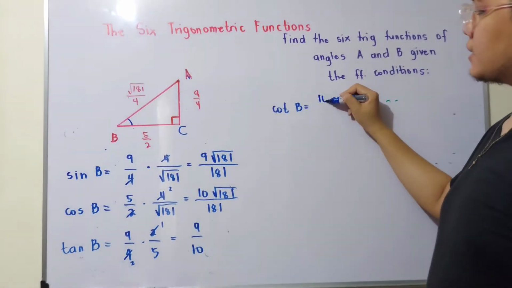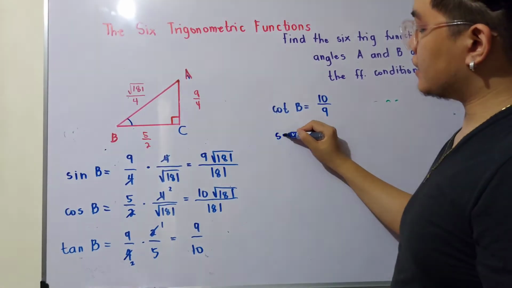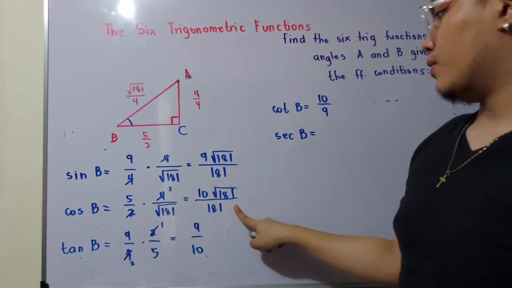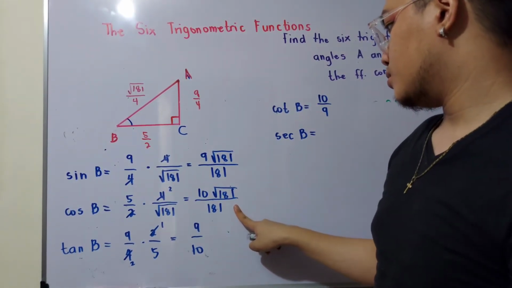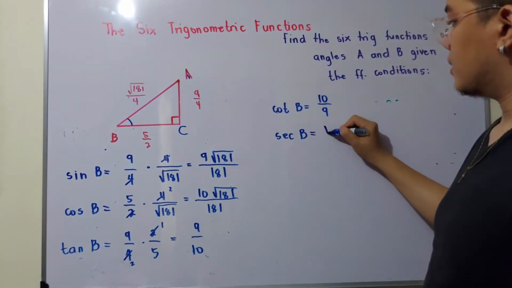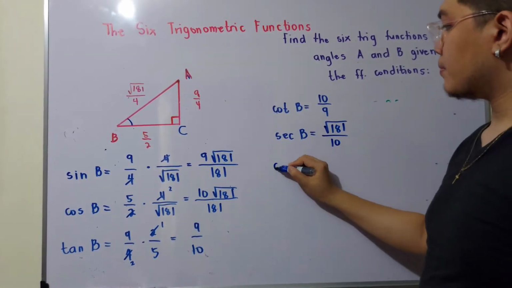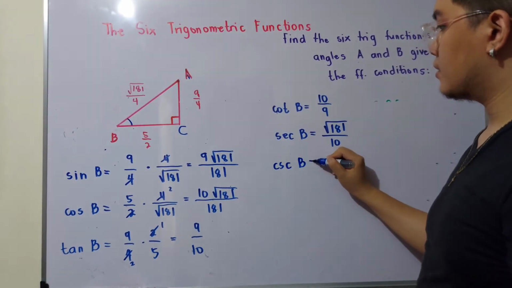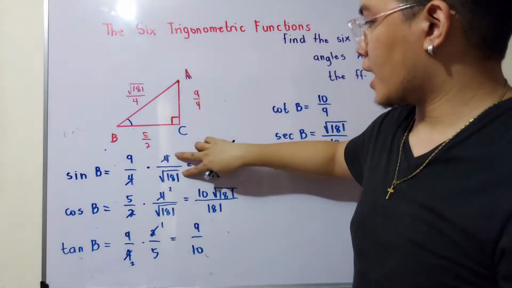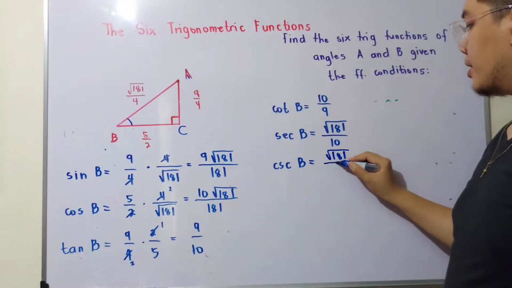Cotangent is just 10/9. Reciprocal lang. Tapos si secant B, reciprocal lang ng cosine. So, 10 over square root of 181. Tapos si cosecant B, baliktarin lang natin yan. So, square root of 181 over 9.